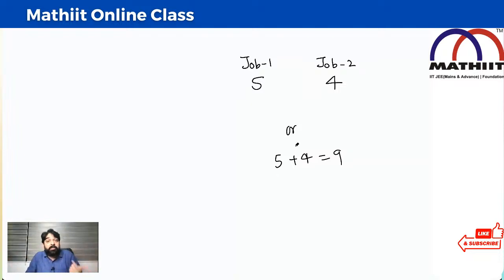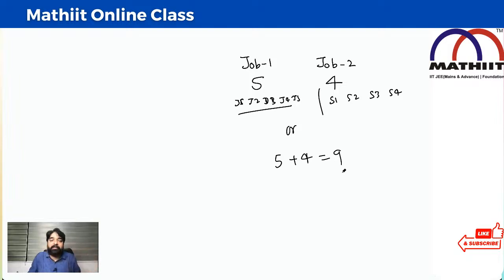But there may be a possibility that when I did job 1, which has 5 ways, suppose J1, J2, J3, J4, J5. This is job 1. And job 2, suppose I represent by S1, S2, S3, S4. So we'll say either I will get J1 or J2 or J3 or J4 or J5 or S1 or S2 or S3 or S4.